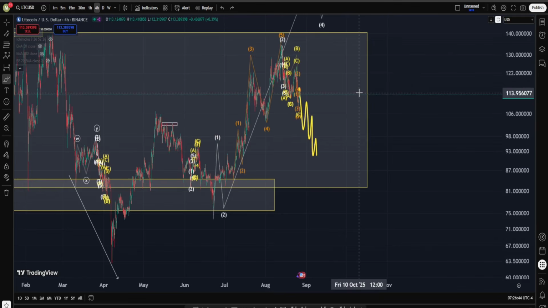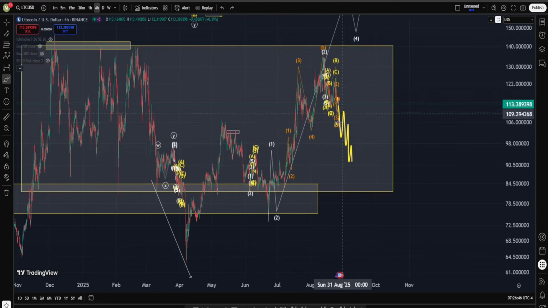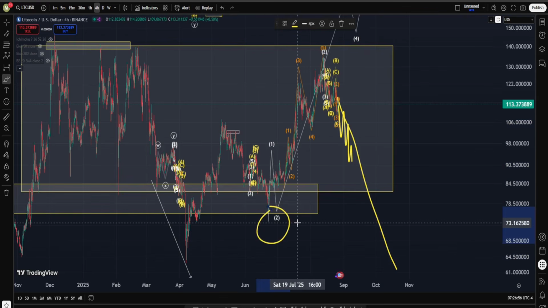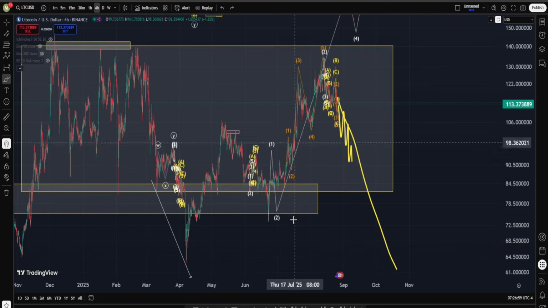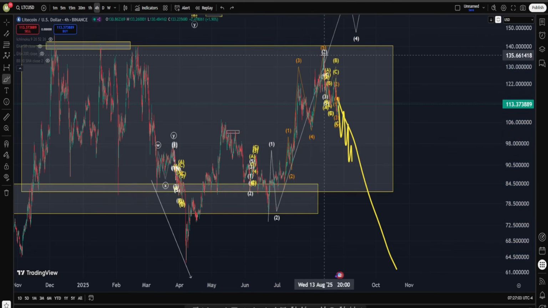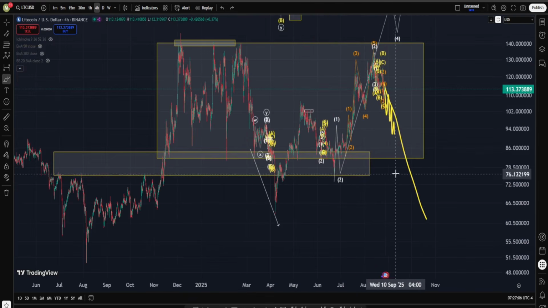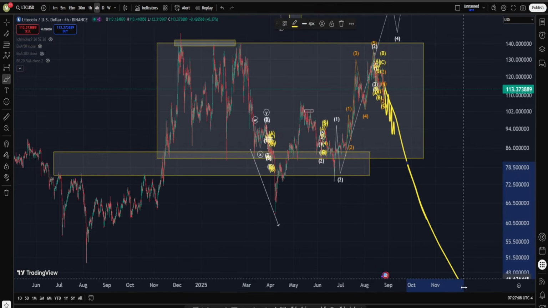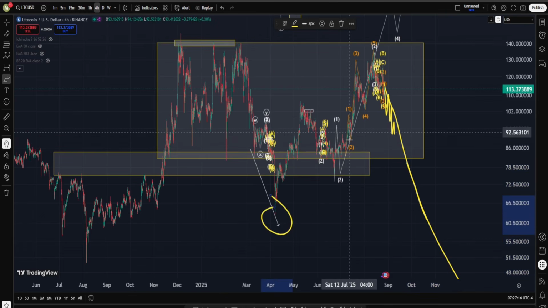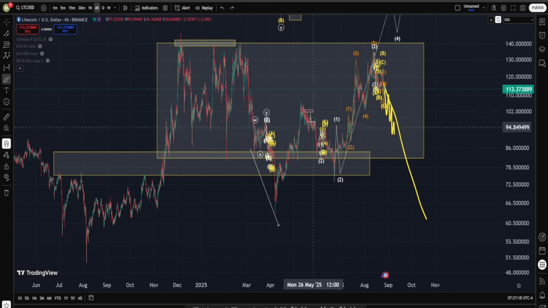And one very important thing that can prove me wrong and maybe tip the scales towards a possible bearish count a bit more is going to be having a very strong move down in order to take this low all the way down here about $73, because at that point I may argue that this is going to be an ABC in form of a zigzag structure, indicating our move down is probably not over yet, and from here we can continue this phase in order to even take the lowest low down here. But as long as we are not able to see something like that, I think it's a bit too soon to jump into those kinds of bearish conclusions.